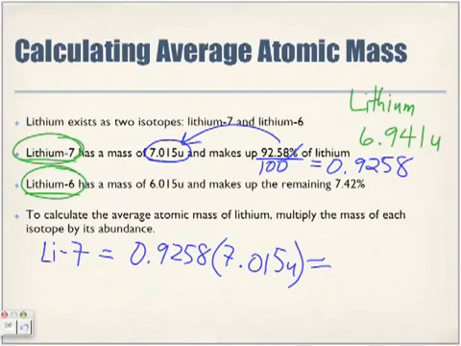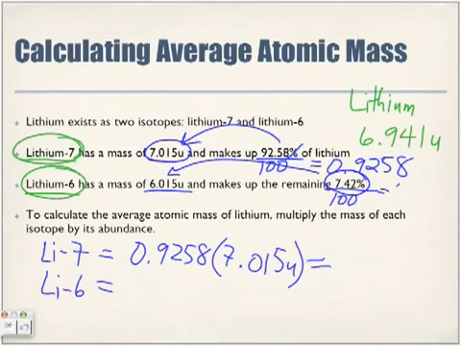You're going to try to find the remaining 7.42% of 6.015 units. Okay? So again, 7.42 divided by 100 equals 0.0742. So remember, percentages, we always change to a decimal by dividing by 100.